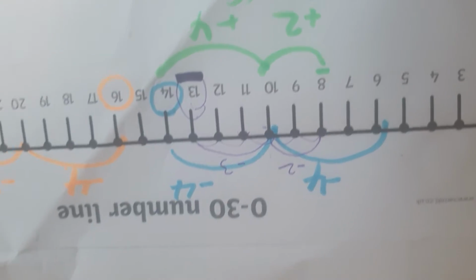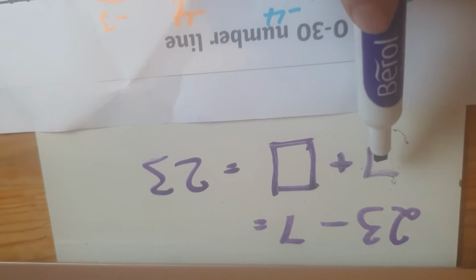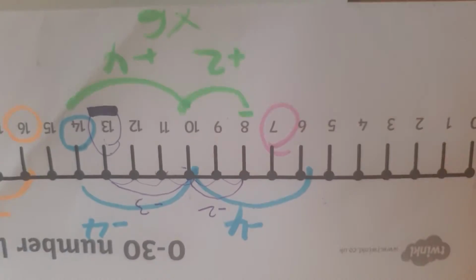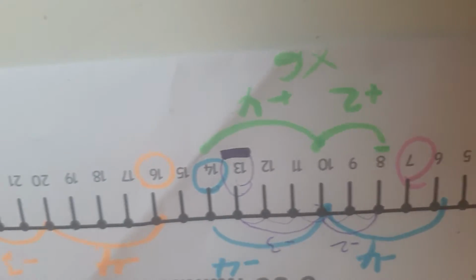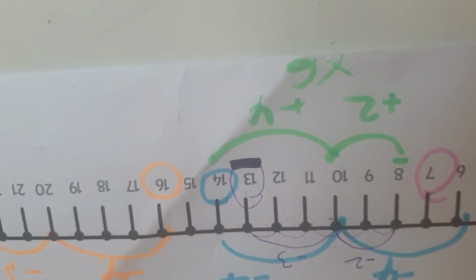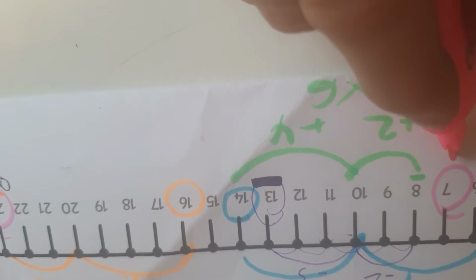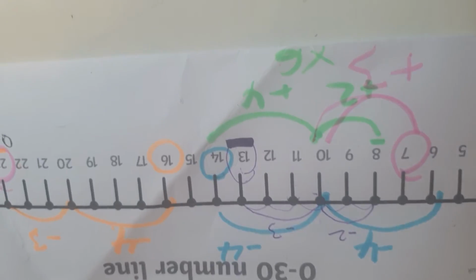Now what I could do is count forward. Another way we could do that is by saying 7 add something equals 23. So 7 and 23. Now there's quite a few things on there already. Okay, 7 to 10. So 7, I jump to my next 10, is 3.